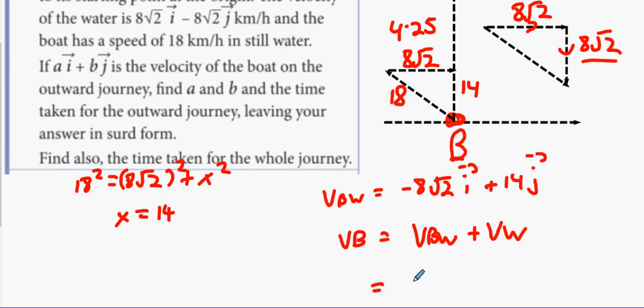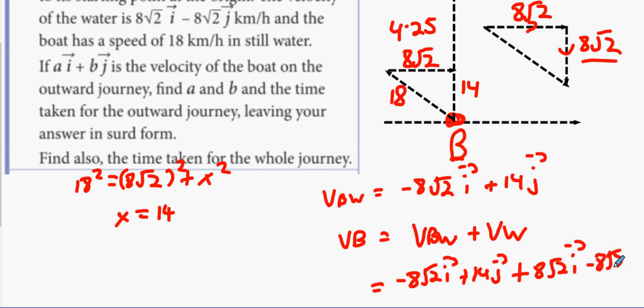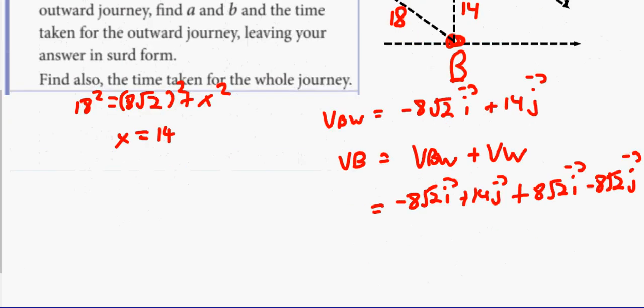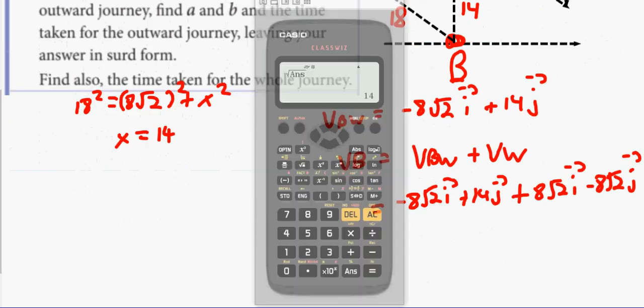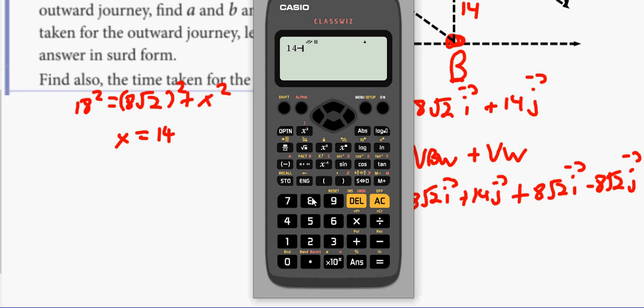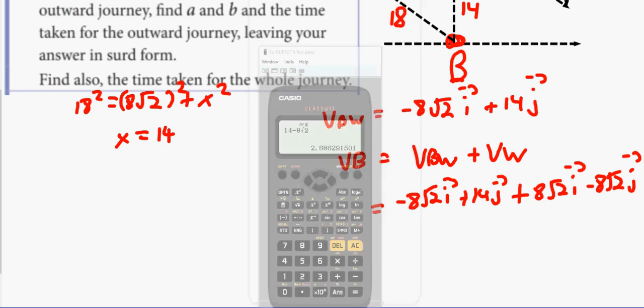It's going to be minus 8 root 2 i plus 14j plus 8 root 2 i minus 8 root 2 j, and your answer is 14 minus 8 root 2, which is 2.69.